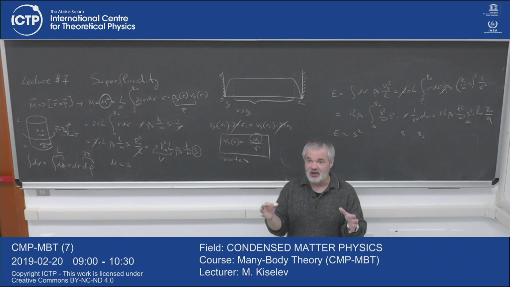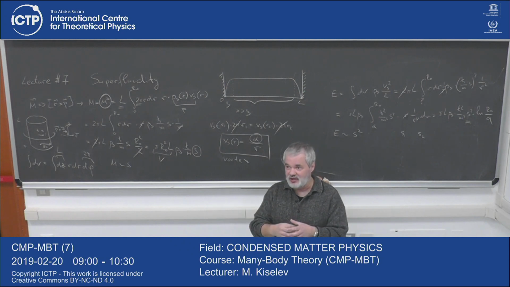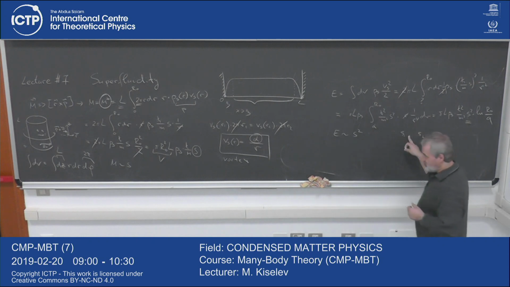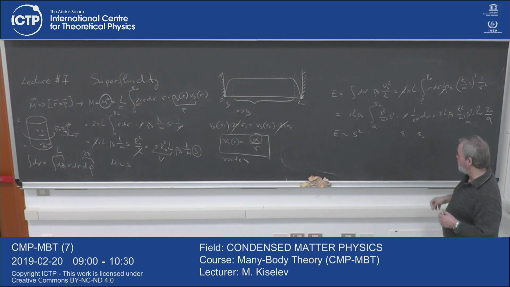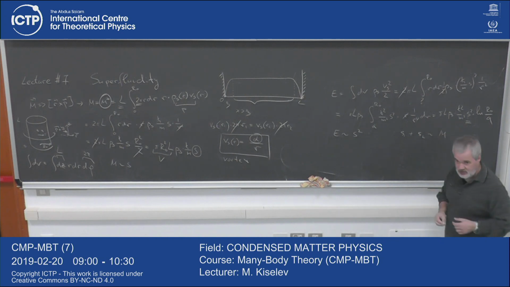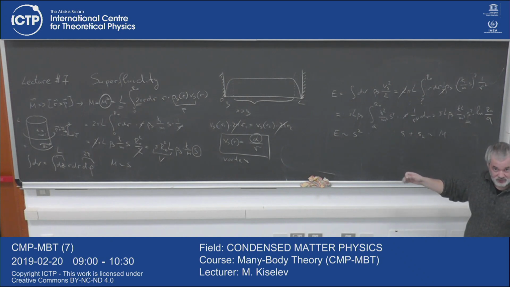Can they merge and form one bigger vortex or not? Do they attract or do they repel? If there are two vortices with quantized numbers S1 and S2, then the total momentum of this vortex will be proportional to S1 plus S2, because the momentum is conserved.